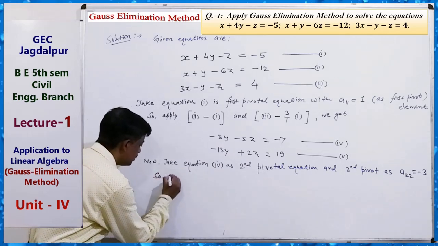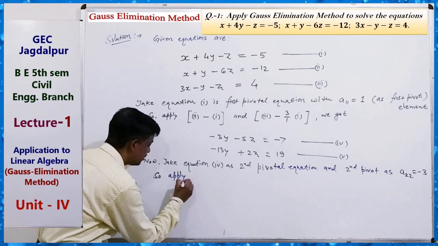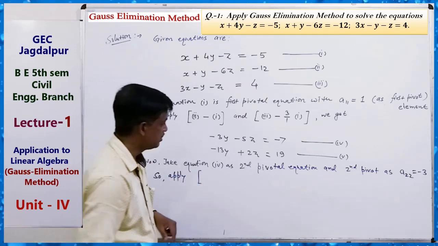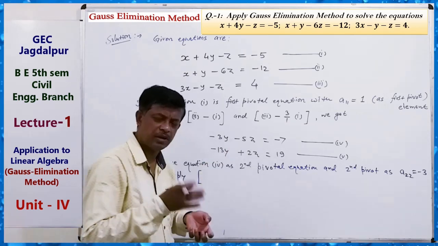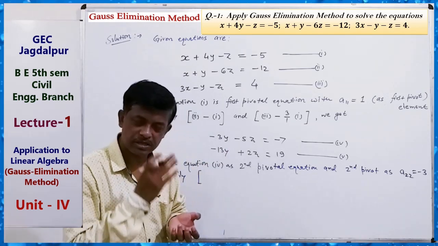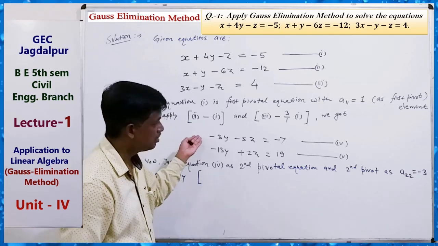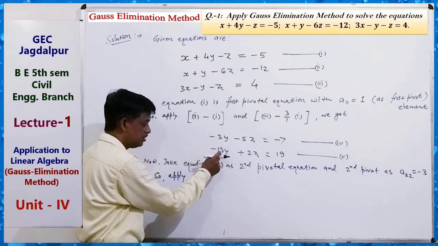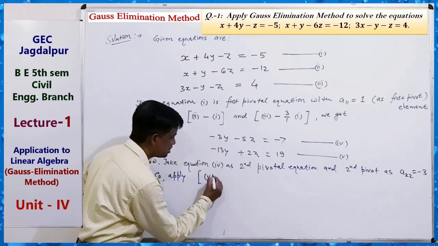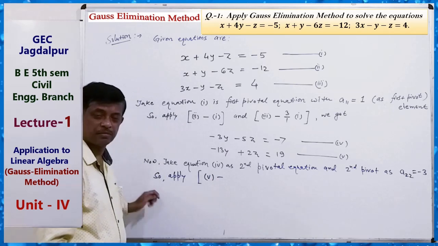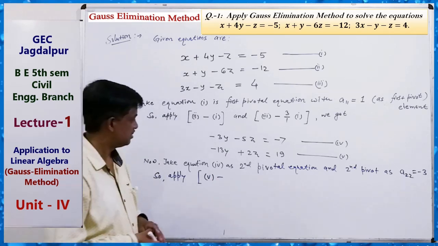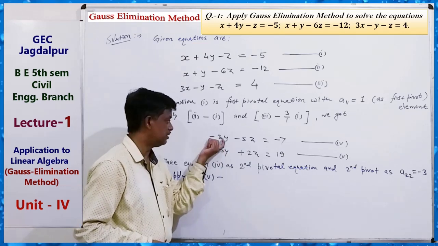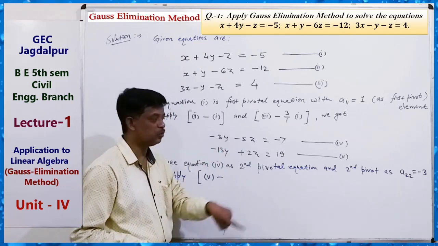Now by using this you have to eliminate this. So apply what operation? By using this, we have to eliminate the first term of the equation below the pivotal equation. So fifth equation minus this divided by this into this.